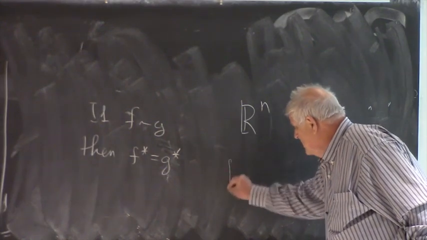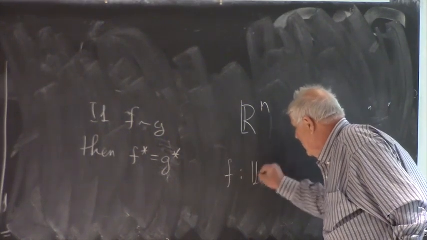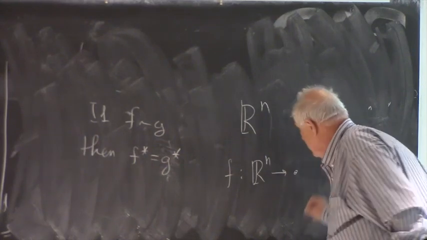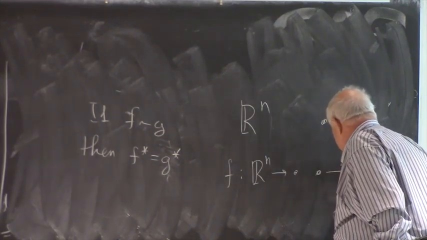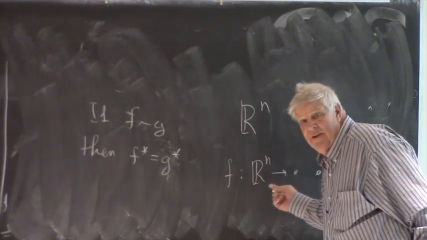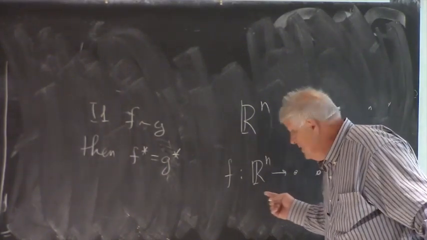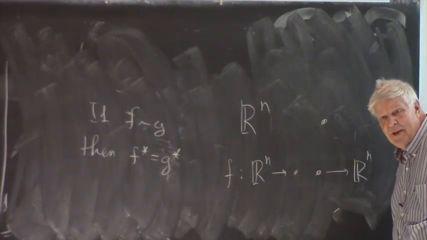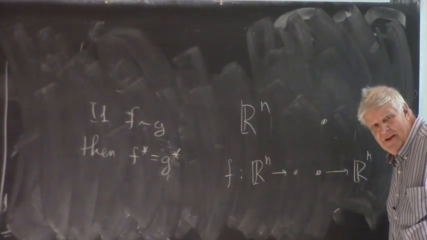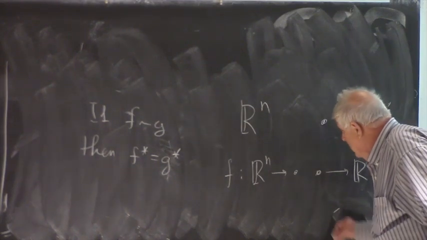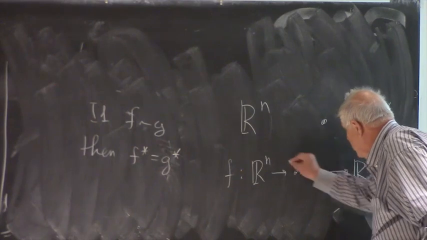There are two maps, F of Rn into one point and G of one point into Rn. There is only one map into the one point space. Here, for example, this goes to the origin, or any other point which you like more. So this is F, this is G.